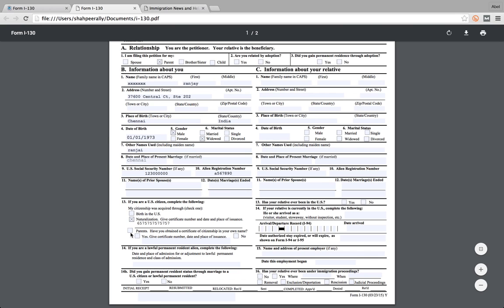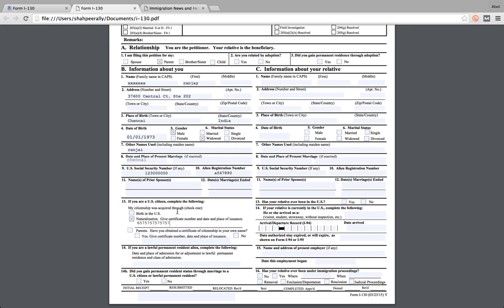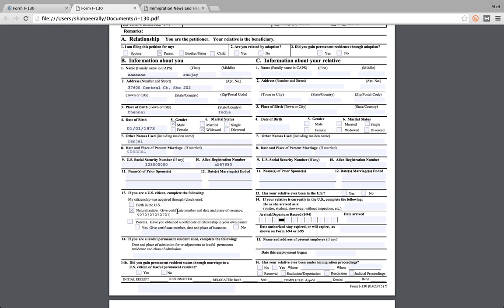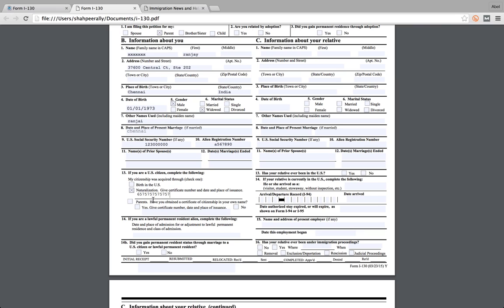And if you obtained it through your parents, which is not going to be the case here, well, maybe you're petitioning for a mother and the father was already a citizen, then you can mention that here. Because many people don't know that if your father or mother became a US citizen while you were a green card holder before you turned 18, you can automatically claim citizenship. So that's what they are talking about here.